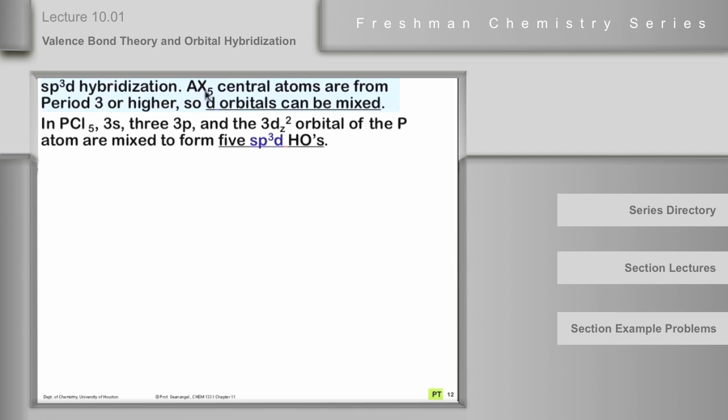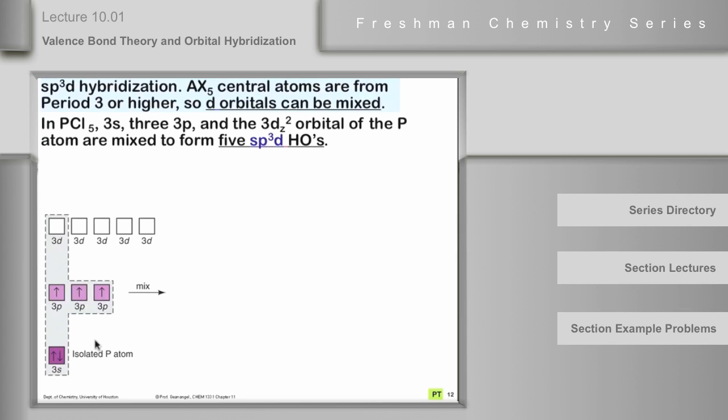So AX5 shape class is indicative of a trigonal bipyramidal shape. So what we need here is 5 hybrid orbitals that point in the direction of the 3 equatorial chlorines and the 2 axial ones.